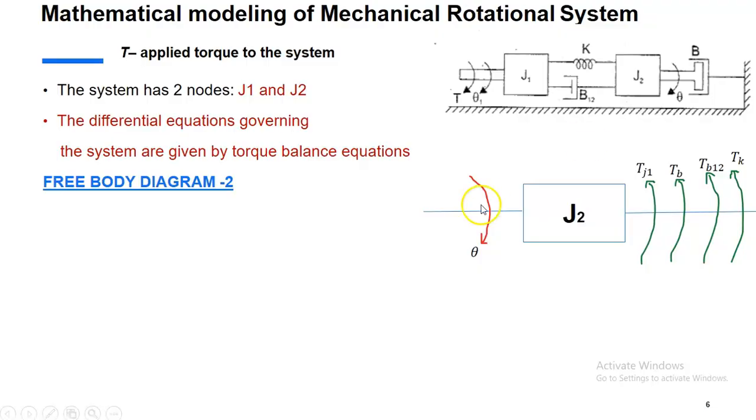Next, we have to draw the free body diagram at J2. For this moment of inertia, there is no applied torque, so we don't have a T term. However, because of the torque, this will rotate, whose angular displacement is theta, and we have three elements connected together, and J2 itself will introduce an opposing torque, so it is not Tj1, it is Tj2, and Tb12, Tb and Tk.